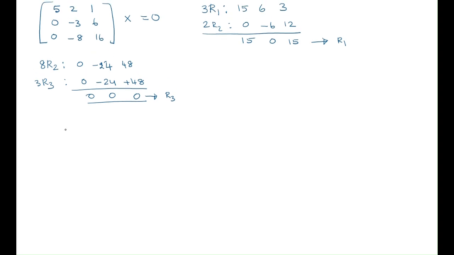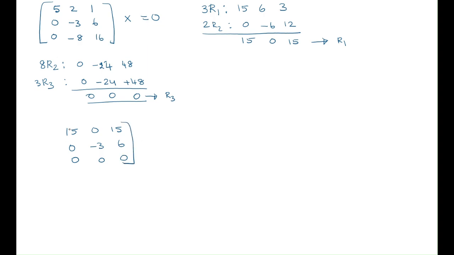So 5 2 1. I suppose it is not 5 2 1, it is 15 0 and 15. Of course, we can write it as 1 0 1. We'll later rewrite. Then second row is the same, 0 minus 3 and 6. And third row is simply 0 0 0.